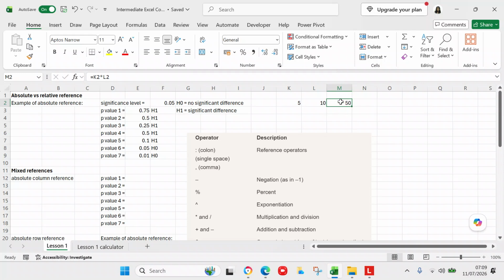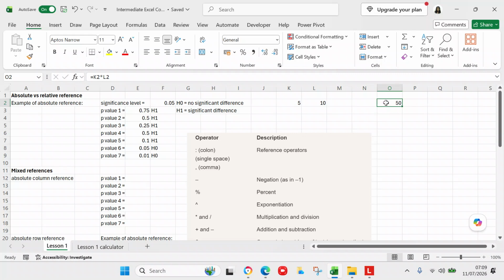We're going to delete this and move it to O. So we go Control X, and then move it to O with Control V, and it says equals K2 times L2. Even though we have moved the formula in the cell to O, it still keeps K2 times L2. And then let's move it again.